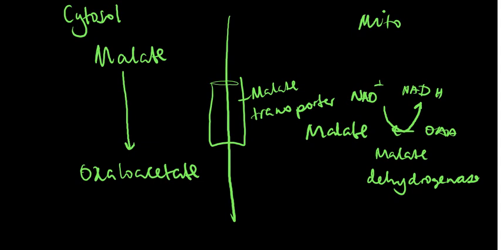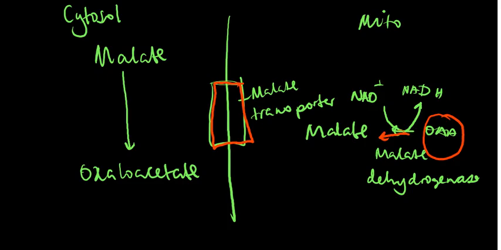So this is the procedure. From the mitochondria, oxaloacetate cannot transfer itself to the other side. This is our oxaloacetate. What does it do? It's converted to malate. Malate has a special transporter across the membrane.